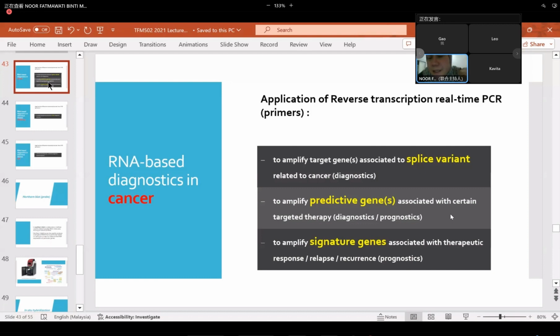Let's say you take treatment and the level of that marker doesn't change, or in fact it increases more. Then we can say that the patient is progressing to a worse condition. So that is a prognostic assay. It depends on whether it's an infectious disease or a non-communicable disease.